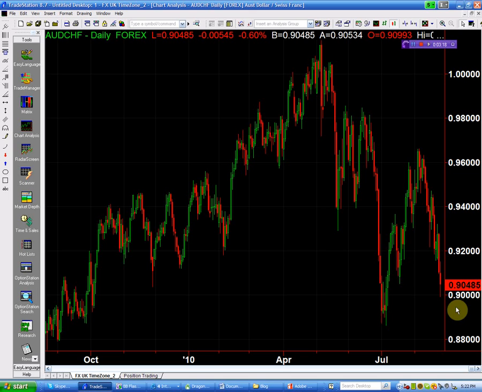The move in the Swiss franc is quite interesting, because the Swiss National Bank has been, for the last year or so, trying to intervene to prevent the appreciation of the Swiss franc against the various crosses, and that intervention had been failing time and again.